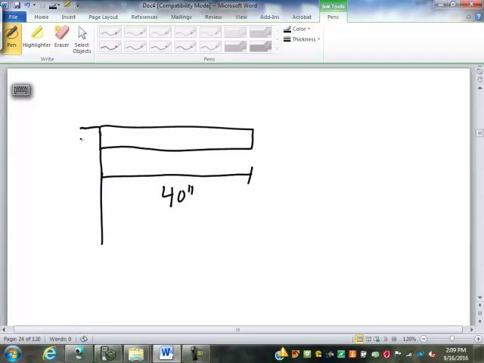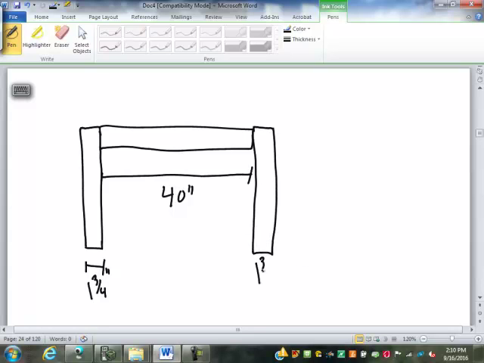And beside that, we're going to have legs mounted that are 1 3/4 inches each. And then we have our top that is going to extend over 1 5/8 inches on each side.